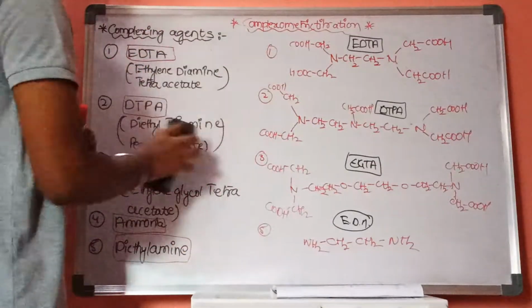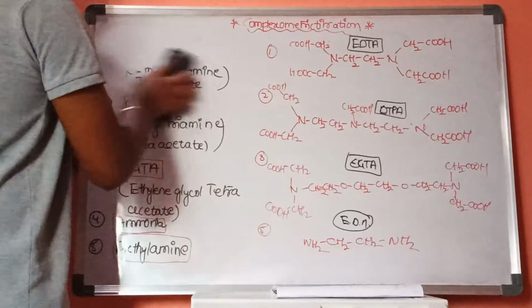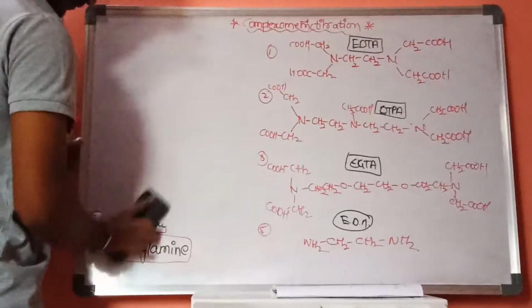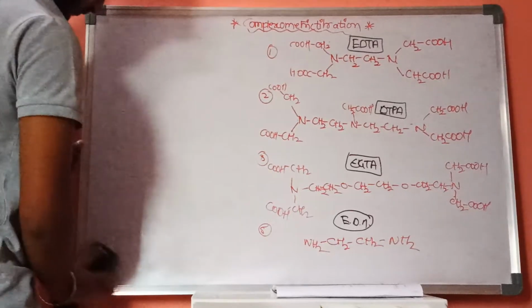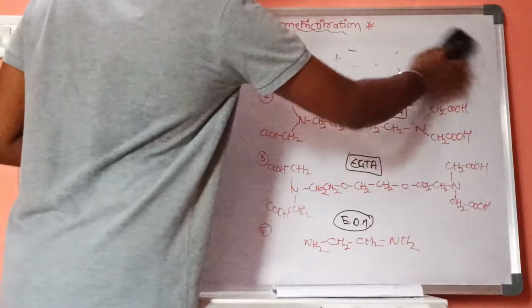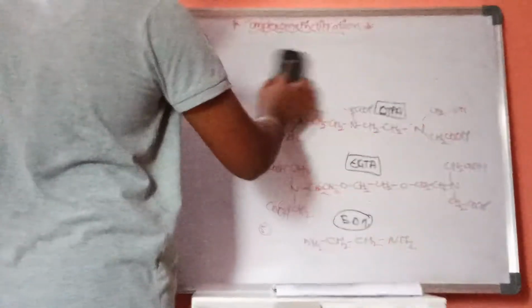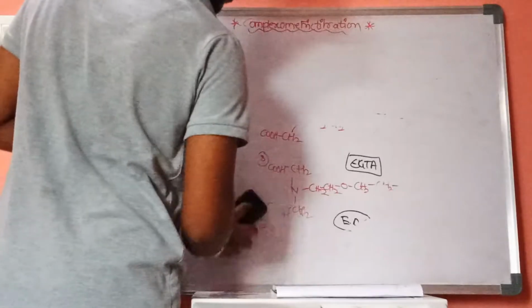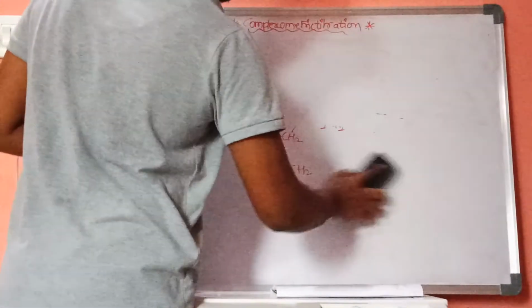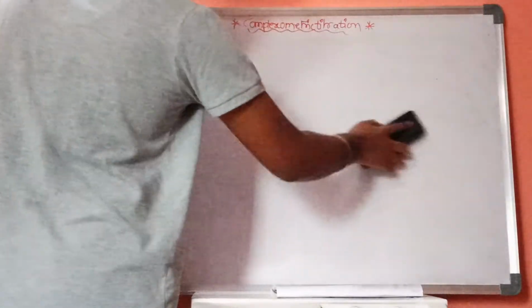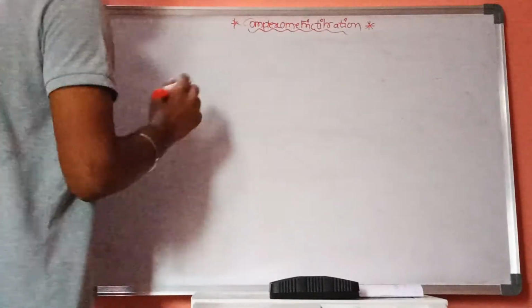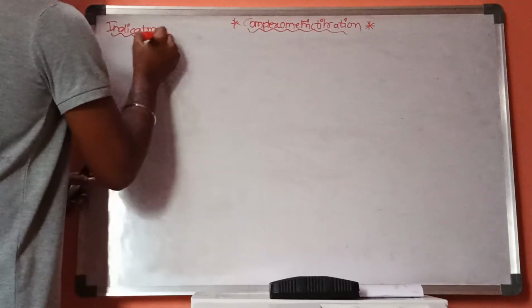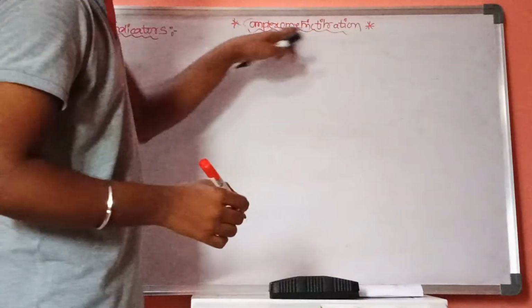Now let us discuss the indicators which are used in complexometric titrations.